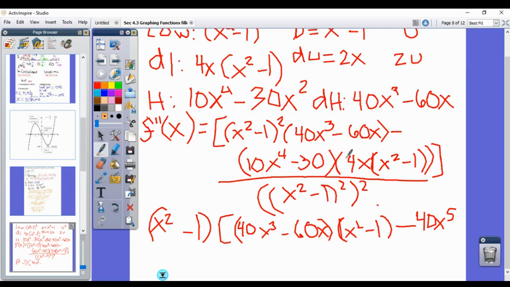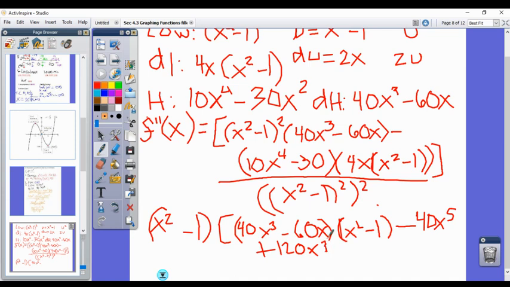It's going to end up being a positive 30. And then 30 times 4x is going to give me 120x cubed. No, not cubed. 120, yes, it is x cubed. Okay, what did I forget up here?